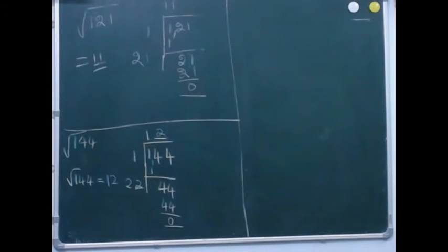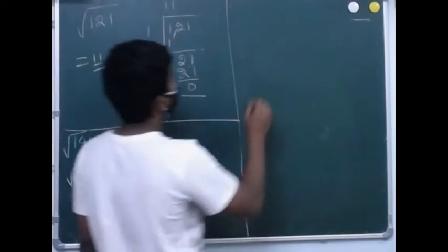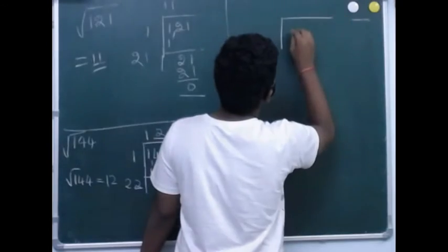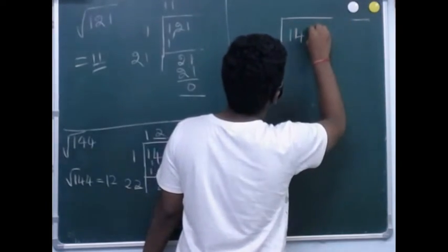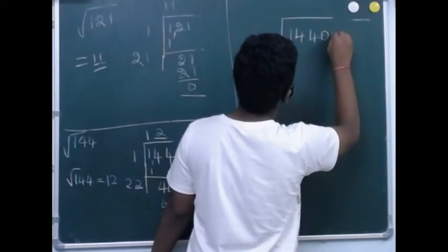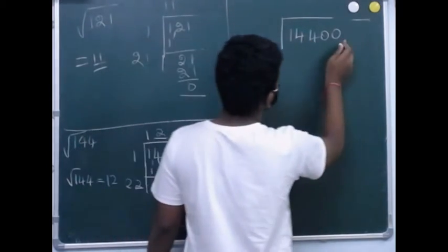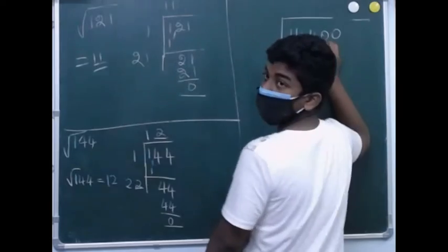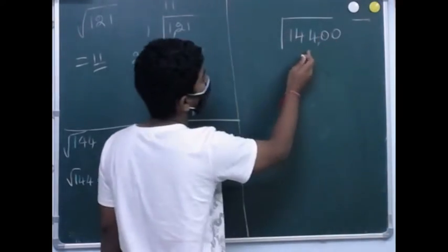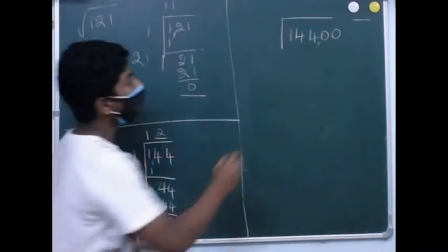Now, suppose it is 144 with double 0, try. 144 double 0, that is 14,400. From the right you have to take two digits, just like this. Put two digits, come on.